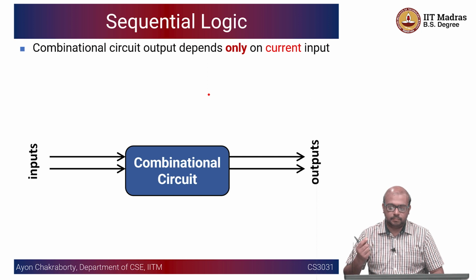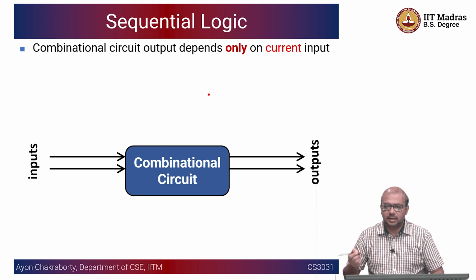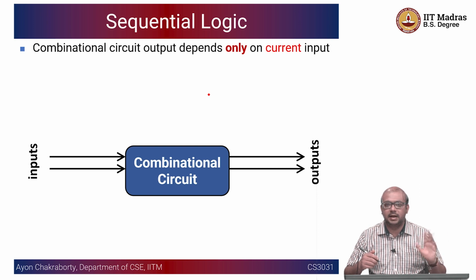So when you add A and B and the result is C, it has nothing to do with what kind of addition has taken place earlier, what was the output earlier. As an example, if you add 6 and 5, your output is 11. It is 11 irrespective of whether you have added 6 and 5 earlier or 6 and 8 earlier, it doesn't matter. Whatever was your output earlier, it has nothing to do with your current output.